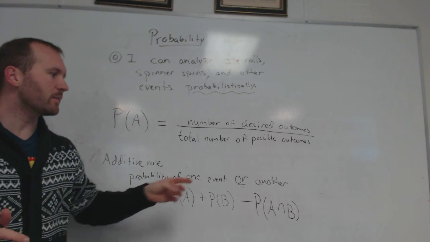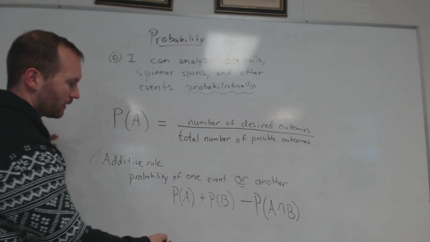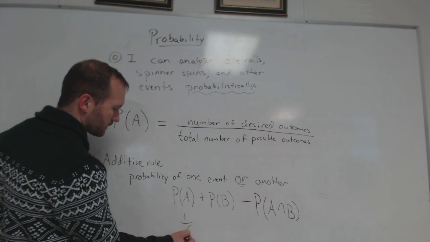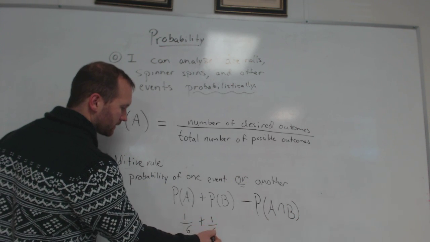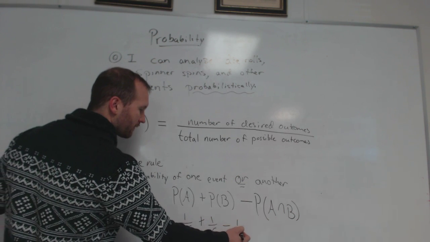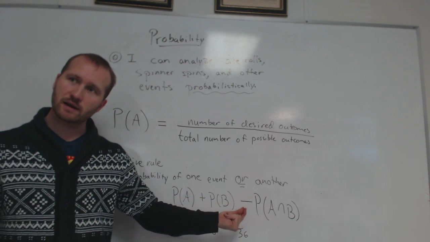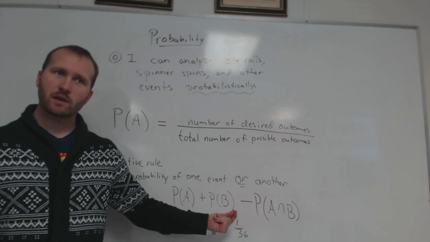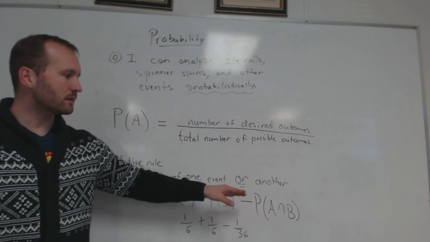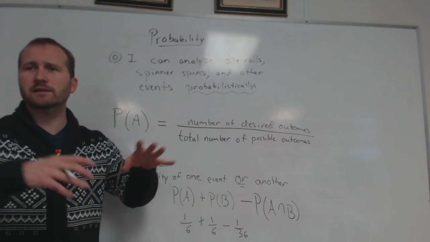Right? So the probability that I roll a 1 would be 1 out of 6 plus 1 out of 6 minus 1 out of 36, because that's the chance that I roll a 1 on both dice. And we don't want to include that, because typically or means exclusive.